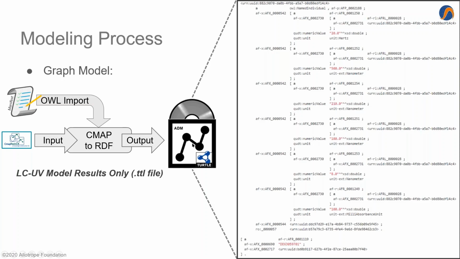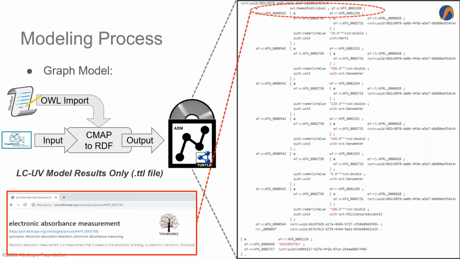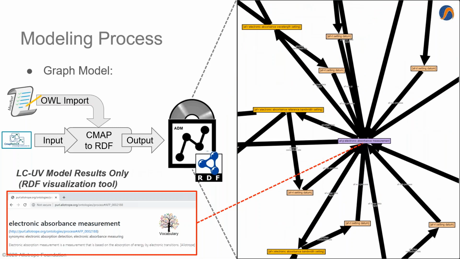And we are outputting the ADM data instance. And just to have a closer look into a single triple, for example, the electronic absorbance measurements, we can see the same thing. This was in Turtle format, and we can see it also in a graph RDF format, where we see it as a node with many relationships, many properties.